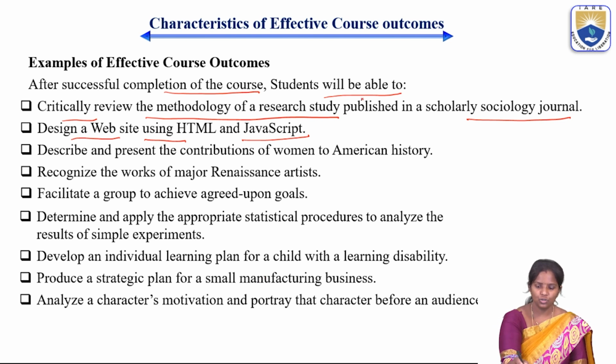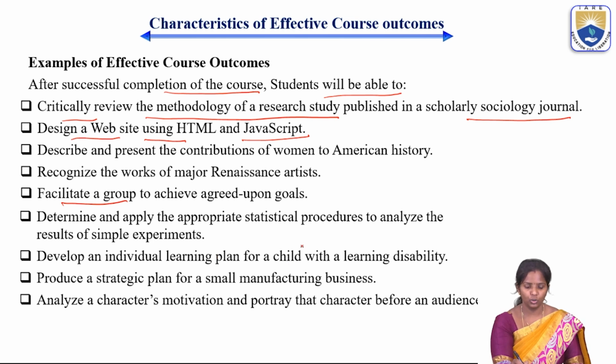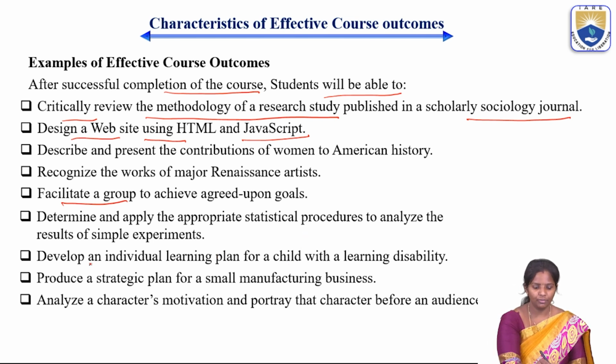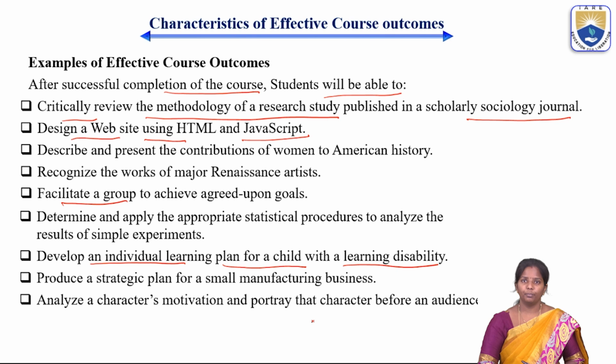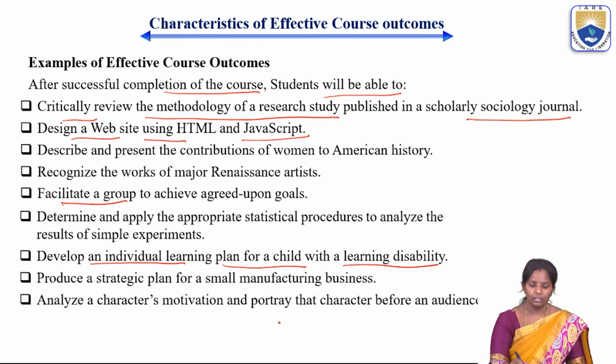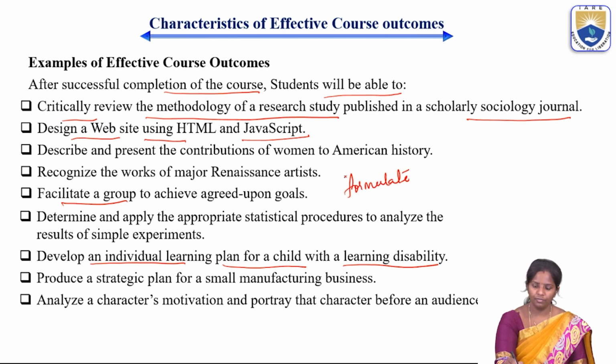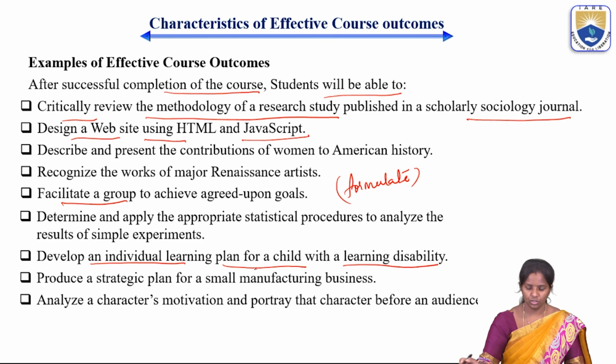For example, students will be able to facilitate a group to achieve agreed-upon goals. The student will be able to develop an individual learning plan for a child with a learning disability. So depending on the different programs that we have in the BTech, the course outcome can be formulated. This is how we have to write the course outcomes.